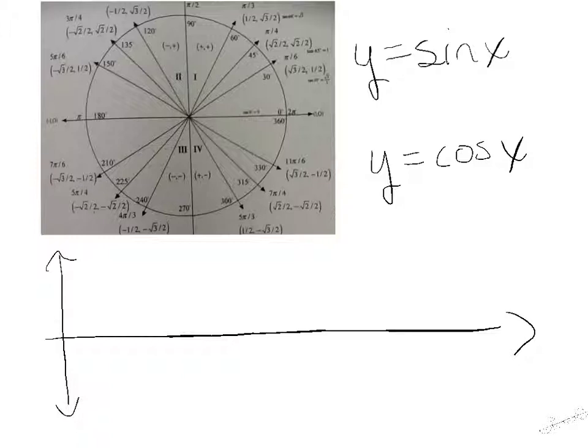I'm going to graph those quadrantal angles, which are pi over 2, pi, 3 pi over 2, and 2 pi. And let's just graph 1 period of the cosine function.